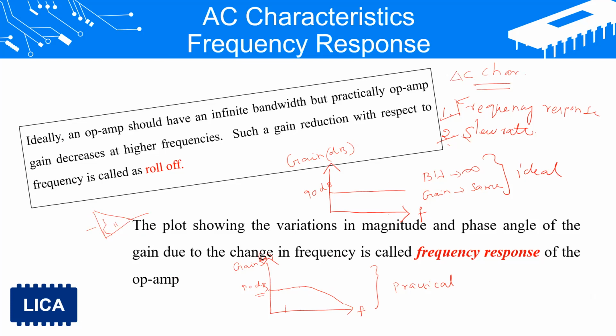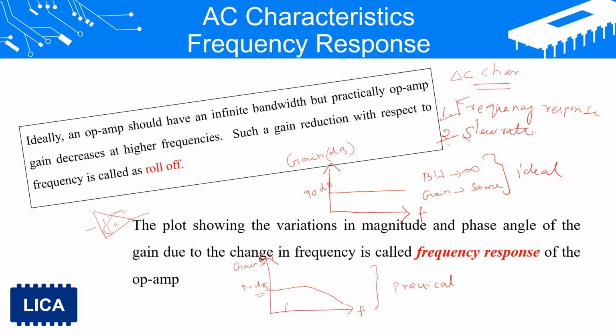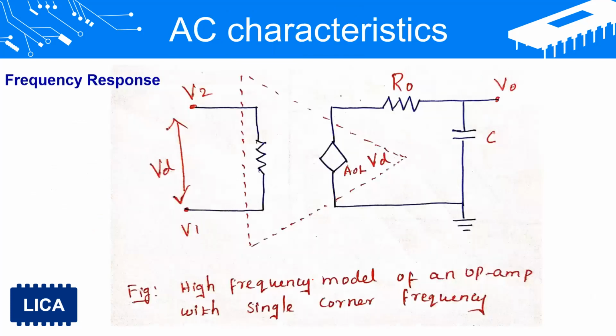Due to the capacitive component in the equivalent circuit, this roll off takes place, due to the physical characteristics of the BJT or FET. For an op-amp with one break or corner frequency, all capacitor effects are represented by a single capacitor.